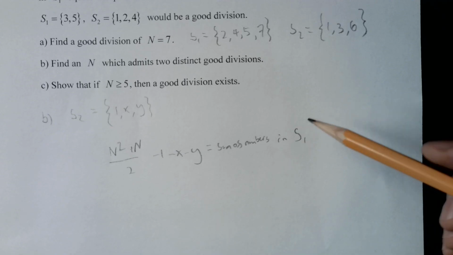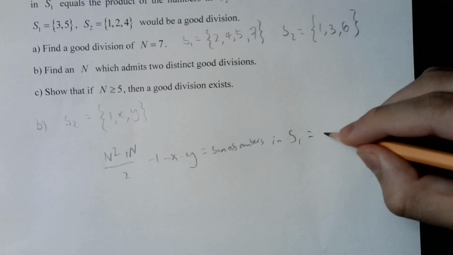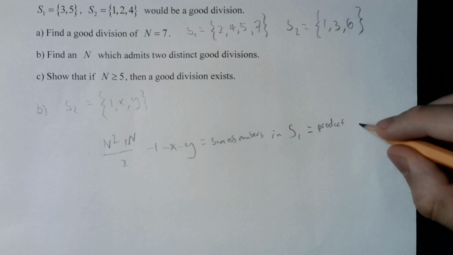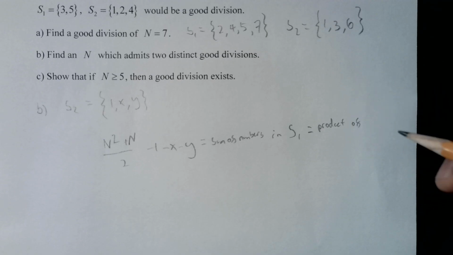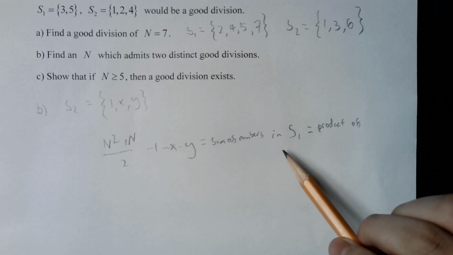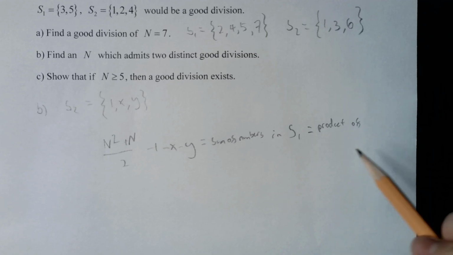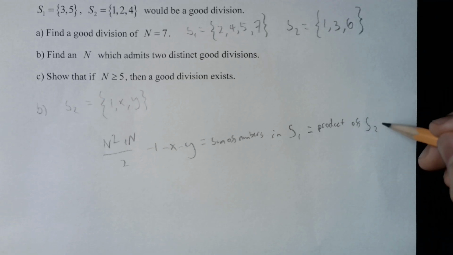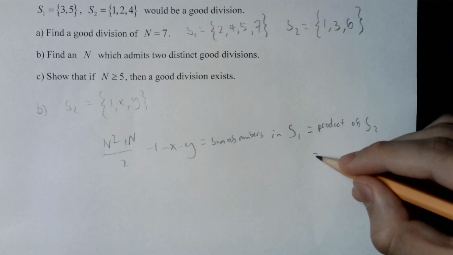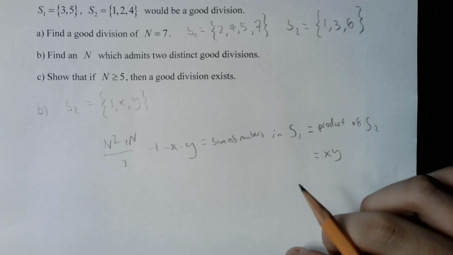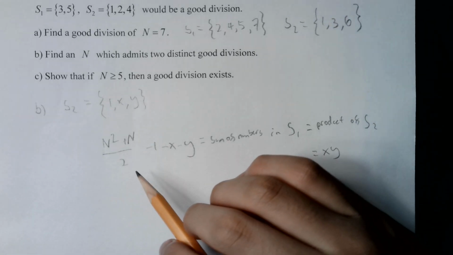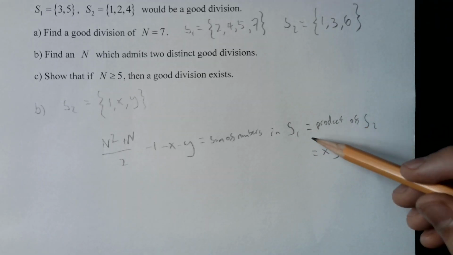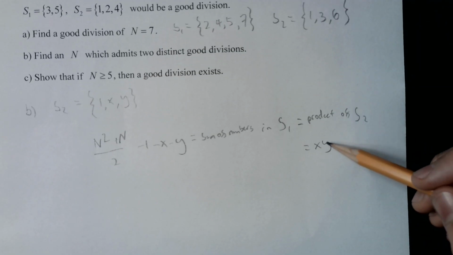And the sum of the numbers in S1 is equal to the product of the numbers in S2. That's kind of the whole point of the question, right? And we know the product of the numbers of S2 is just going to be equal to xy. So in other words, (n squared plus n) divided by 2 minus 1 minus x minus y is equal to the sum of the numbers in S1, which is equal to the product of the numbers in S2, which is equal to xy.